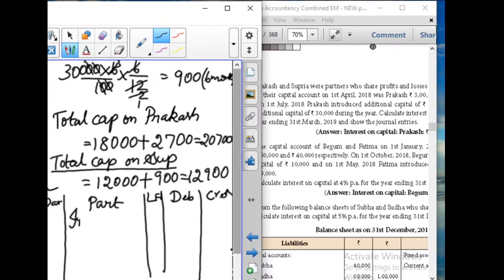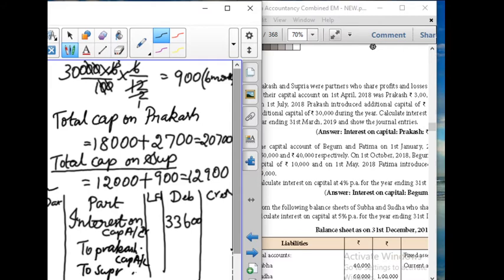So interest on capital account, debit side, debit 33,600 to Prakash capital account, to Supriya capital account, 20,700, 12,900.